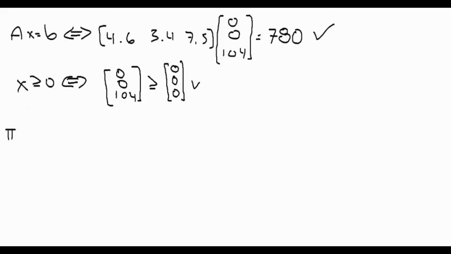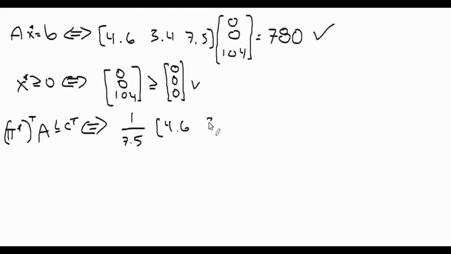Okay. Let's put some stars up here just for notational consistency. So we have pi star transpose A is less than or equal to c transpose is true if and only if 1 over pi star, which is 7.5, times 4.6, 3.4, 7.5 is less than or equal to 1, 1, 1.